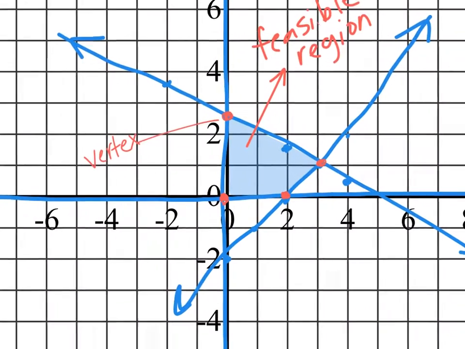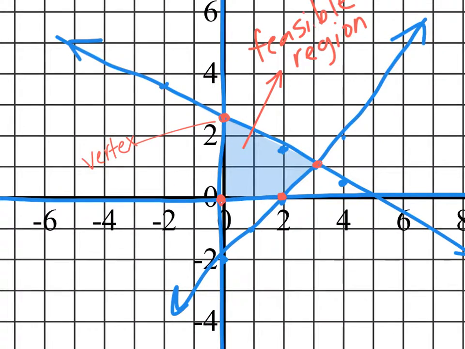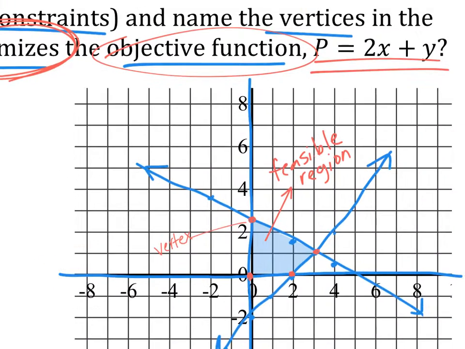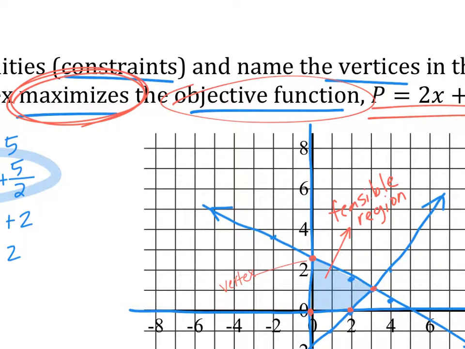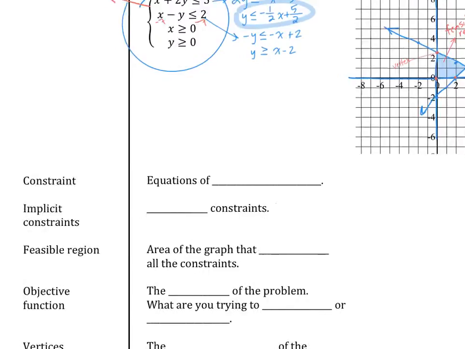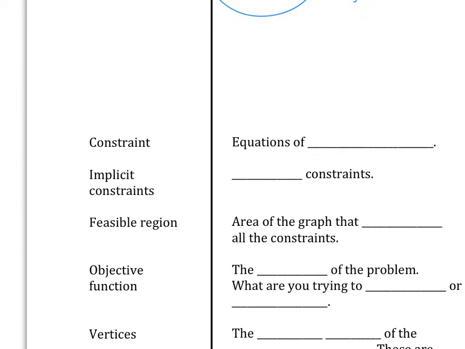That feasible region will usually have some corner points. We call those corner points vertices. What are these corner points for? They are used to maximize or minimize the objective function. And the objective function will be given. Okay? All right, so let's look at vocab.